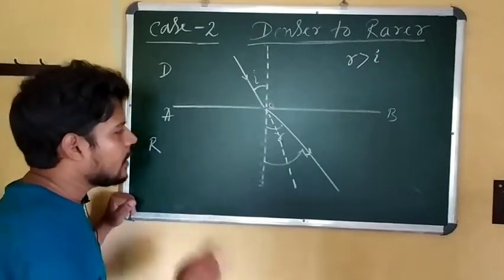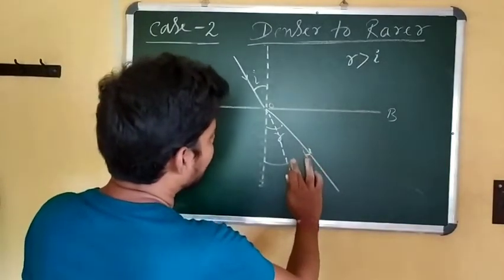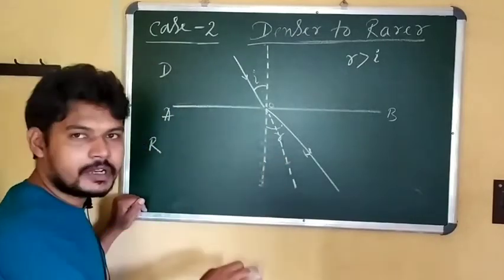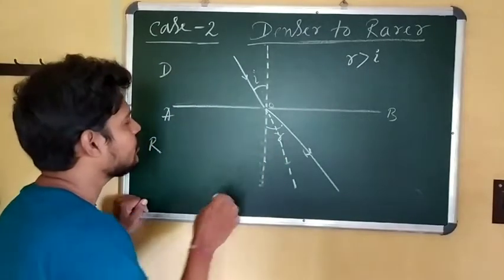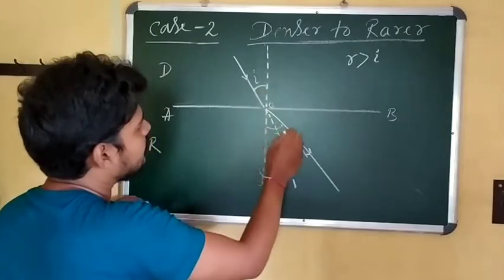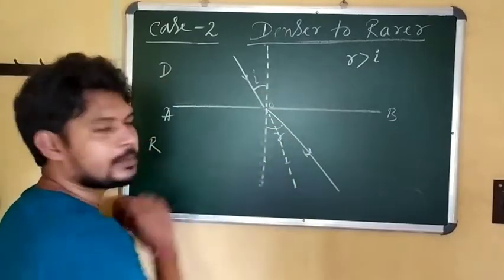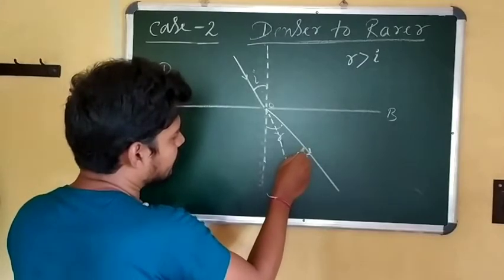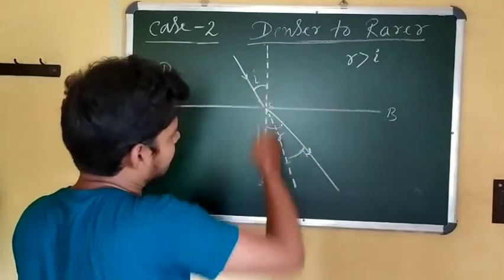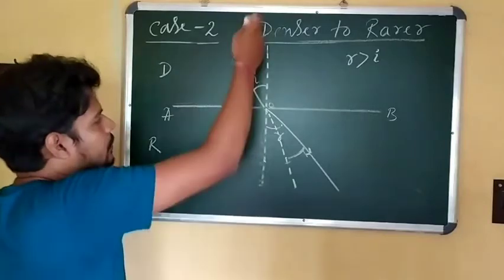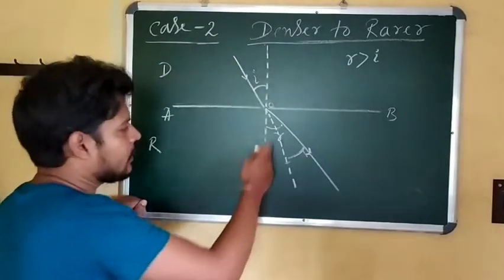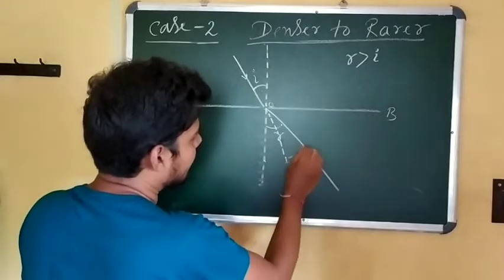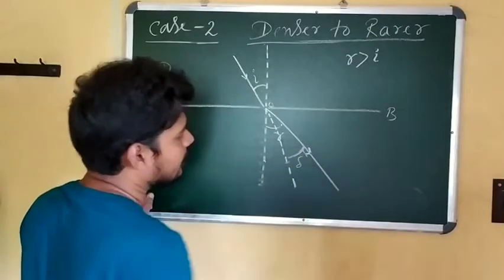Okay. Now you can see that if no second medium is present in this situation, then the ray must follow this dotted path. Don't be confused, the perpendicular line is the normal. So the angle between the dotted line and the refracted ray is the angle of deviation.